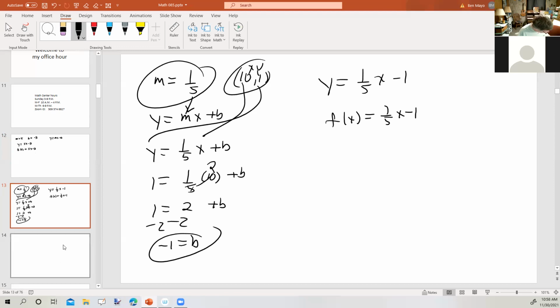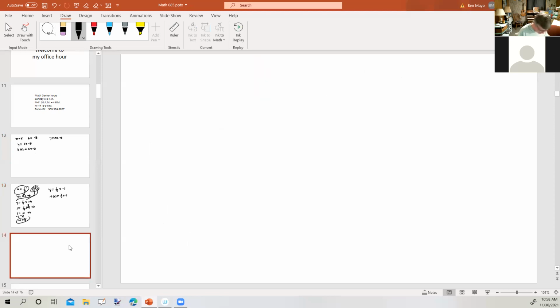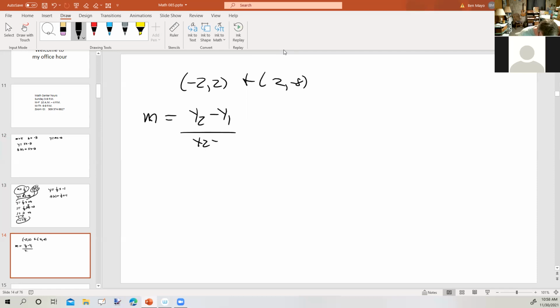What if we've got a line that passes through 2 points? It passes through the points (-2, 2) and (2, -8). Well, we could use the slope formula, m equals y sub 2 minus y sub 1 over x sub 2 minus x sub 1.